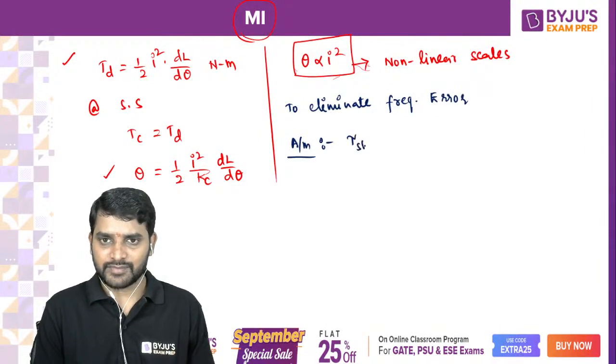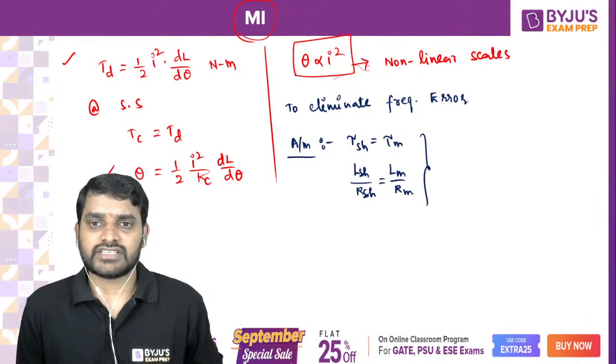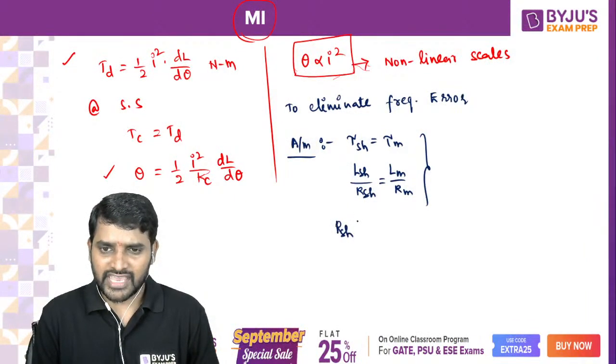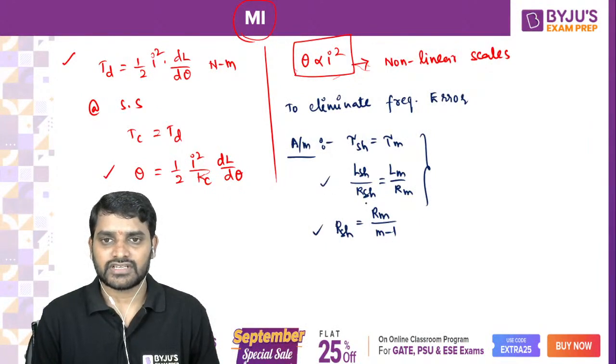The shunt time constant must be equal to the meter time constant. In another way, we write it as Lsh by Rsh equals Lm by Rm. And the value of shunt resistance is the same as in the PMMC instrument, that is Rm by (m minus 1). So this is the point you need to remember.